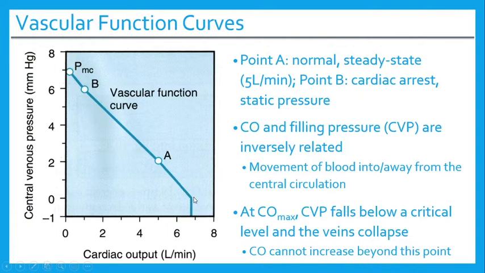Then the pressure inside those big veins is going to decrease and even become negative, which means that they are going to collapse, and that would prevent cardiac output from rising beyond this max level.